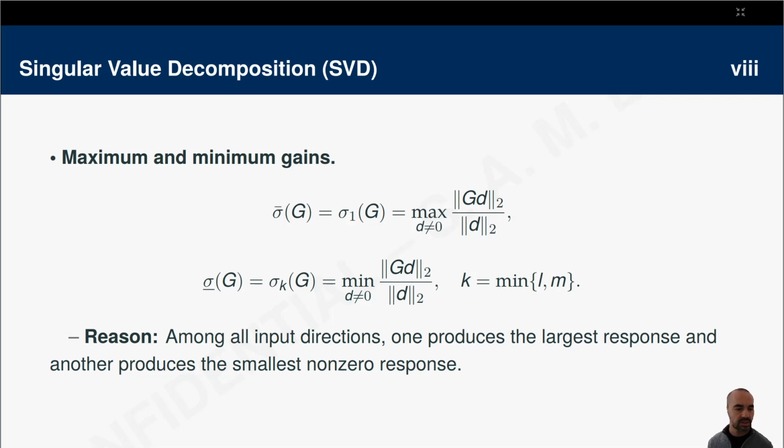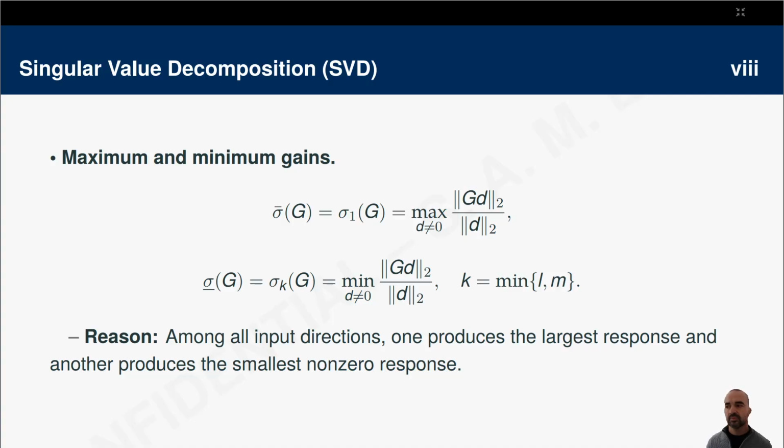Maximum and minimum gains: sigma bar of G is equal to sigma_1, the max over d not equal to 0 of the 2-norm of Gd over the 2-norm of d. We have already defined these parameters: sigma max, the maximum singular value and maximum gain, and sigma underscore G, the minimum gain.